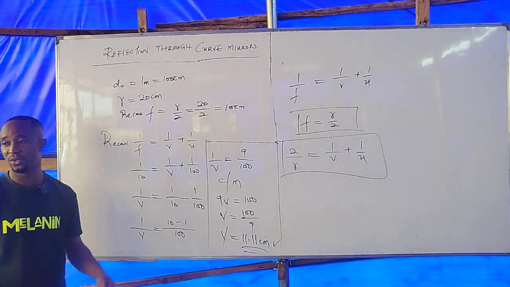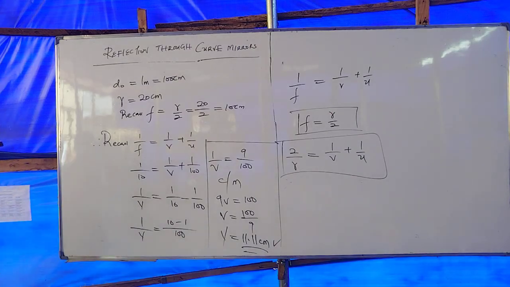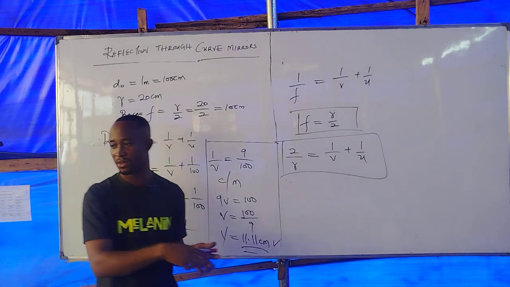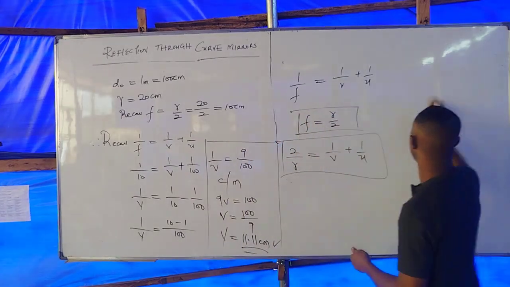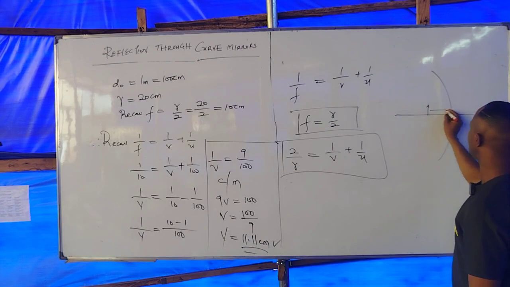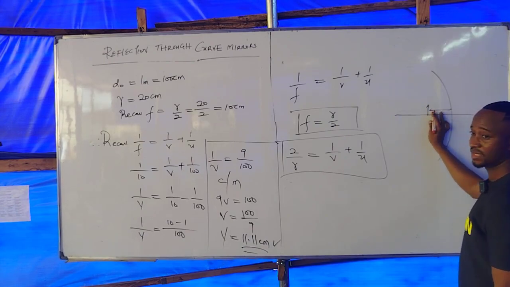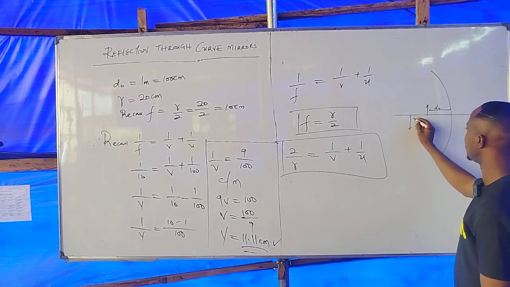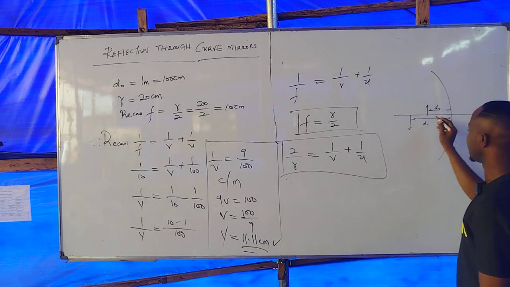Now we know the position. The position simply means where the image is located from the pole of the mirror. For example, if here is the object, this is the position of the object, my DO. If the image is somewhere here, this is my DI.